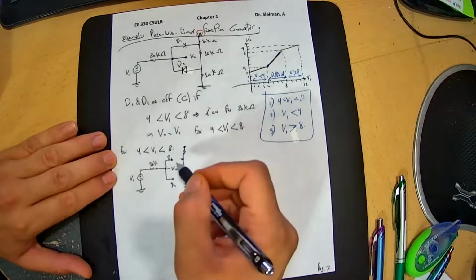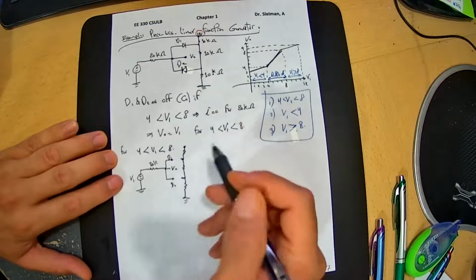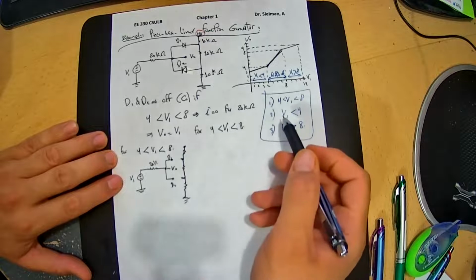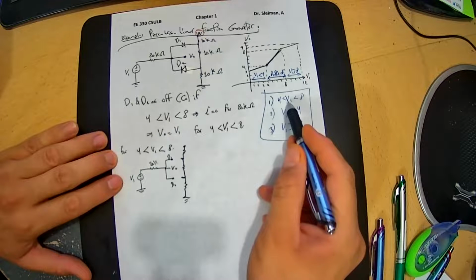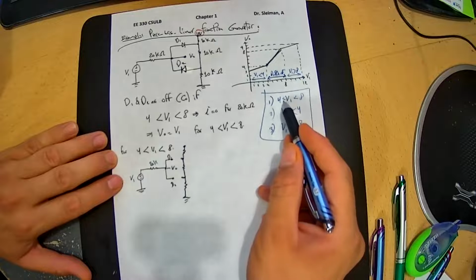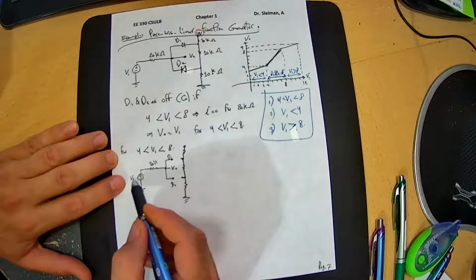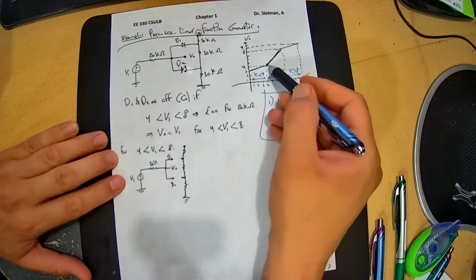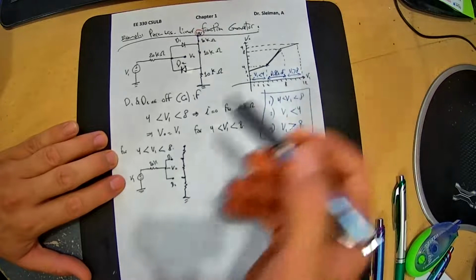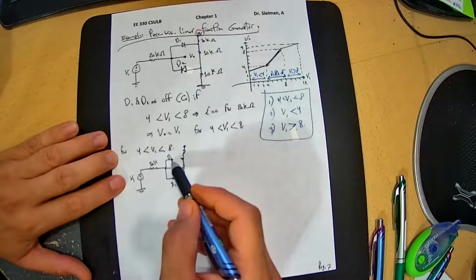What happened when V1 is greater than 4? That means D1 is off.